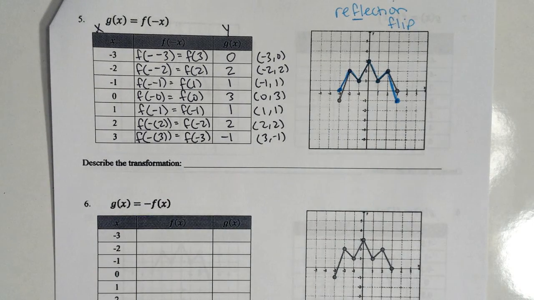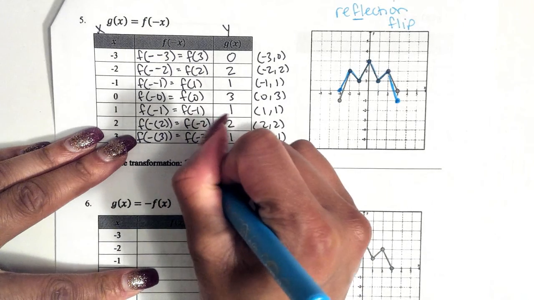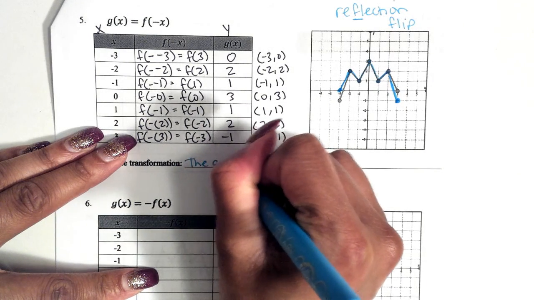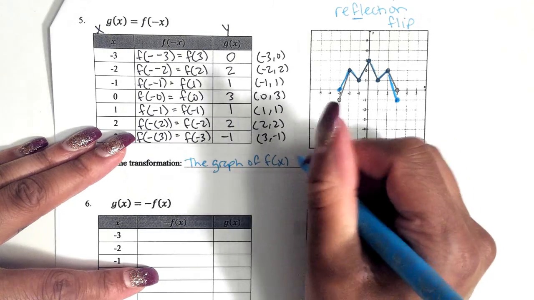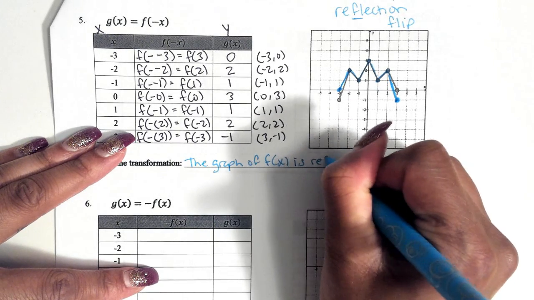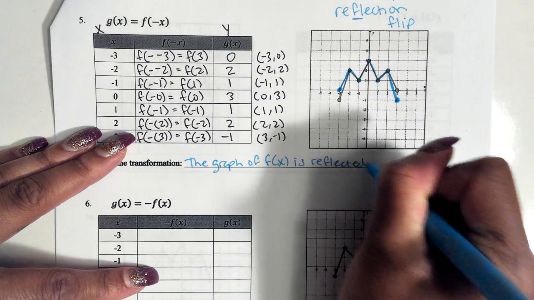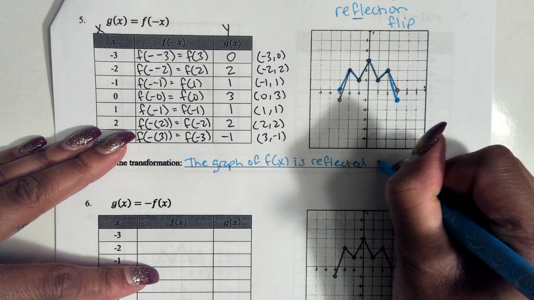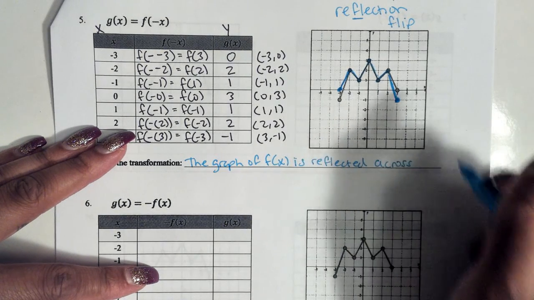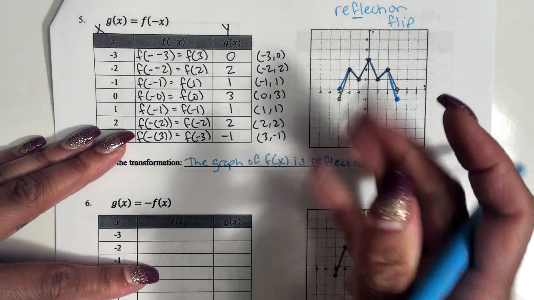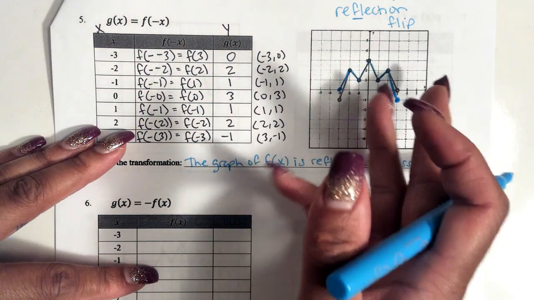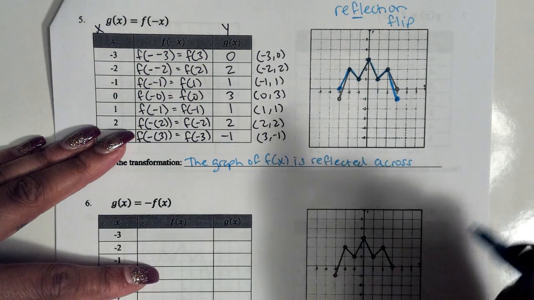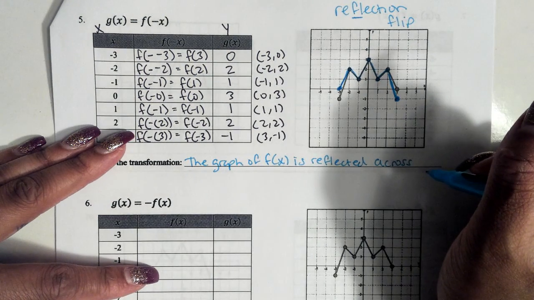So describing this transformation is the graph of f of x is reflected across, and normally when we have reflection, we're reflecting across something, and our middle symmetry point is the x-axis. So we reflected across the x-axis.